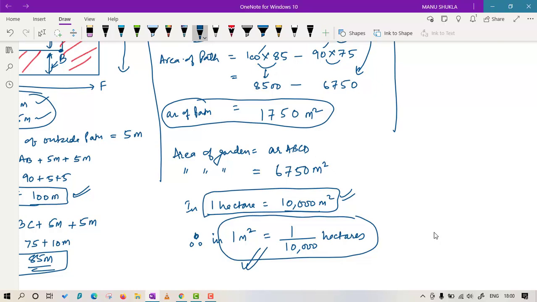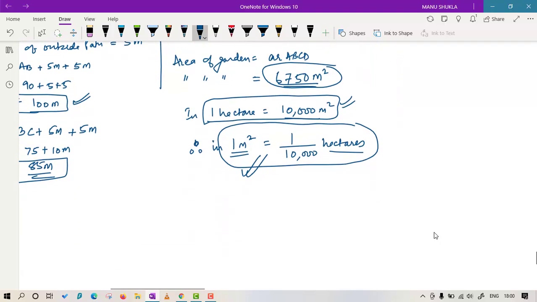Now as we know 1 meter square is the same as 1 upon 10,000 hectares, can't we find the number of hectares in this much area? So let's find. Therefore in 6750 meter square there will be 6750 upon 10,000 hectares.